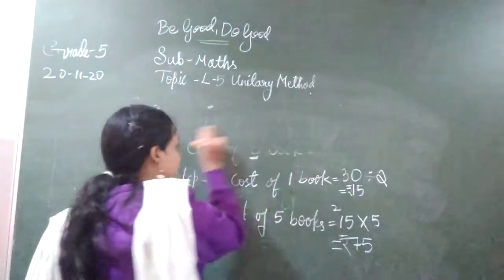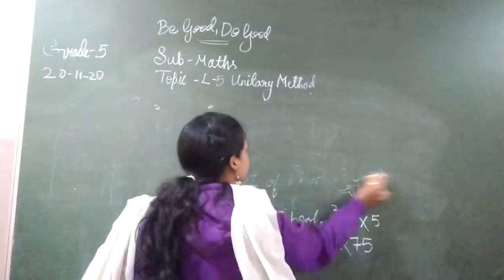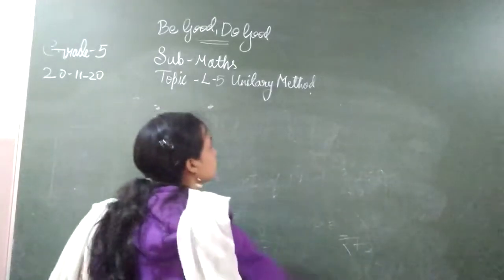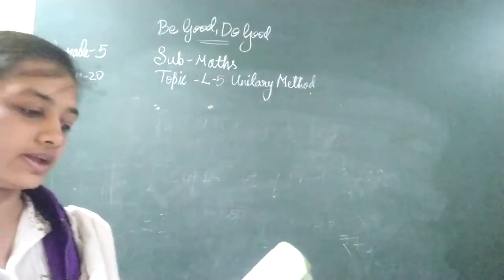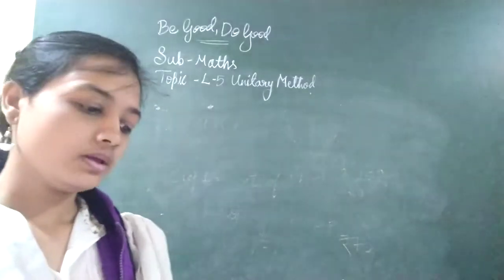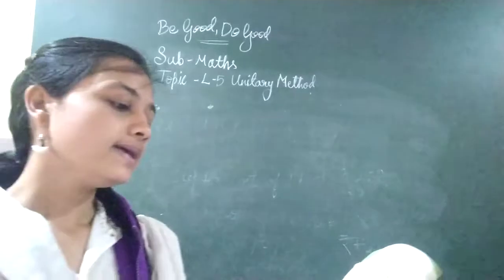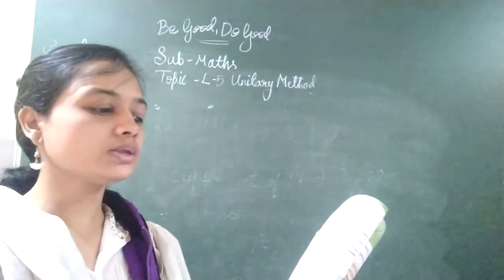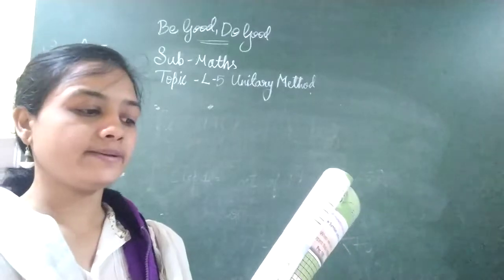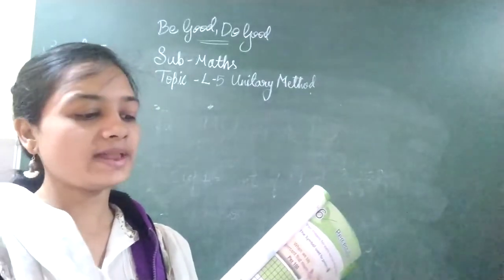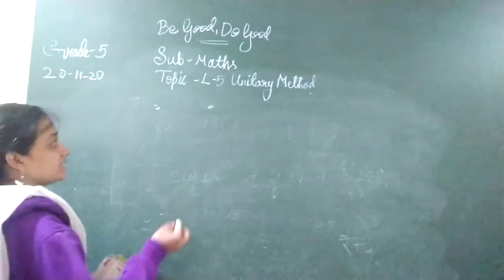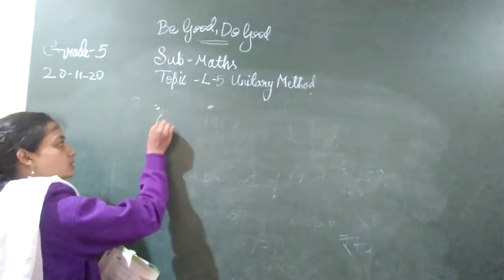So the first sum, children, refer to the textbook for the questions. The first question is 6 pairs of Reebok shoes cost 1200 rupees. Find the cost of 10 pairs of shoes. So let us write the given statements now.